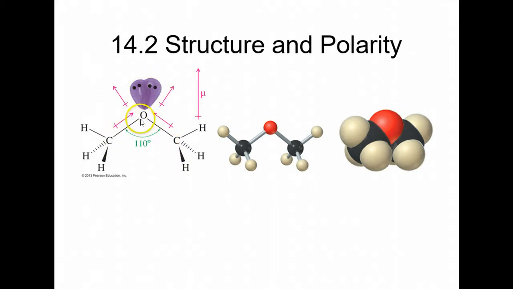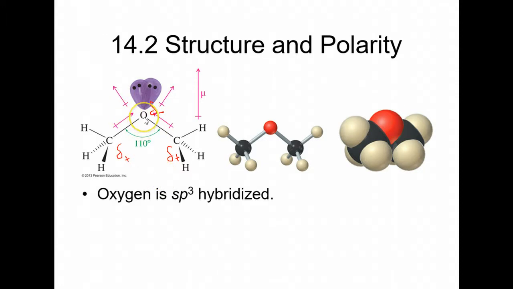The oxygen is more electronegative, so it withdraws electrons from the carbon groups, making a partial negative on your oxygen and partial positive charges on your carbons. Therefore you have a dipole. That's what this is showing, a dipole going towards the oxygen.